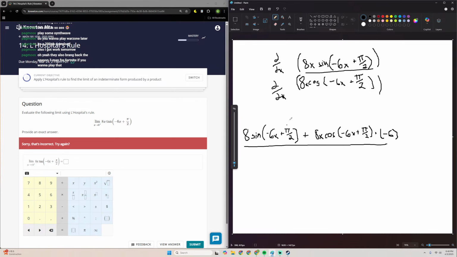Okay. Eight cosine negative 6x plus pi over 2 plus 8x negative, negative 8x sine negative 6x plus pi over 2.